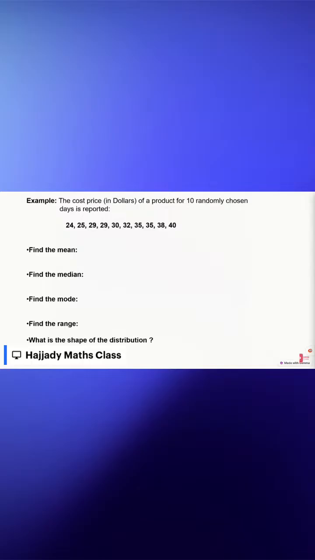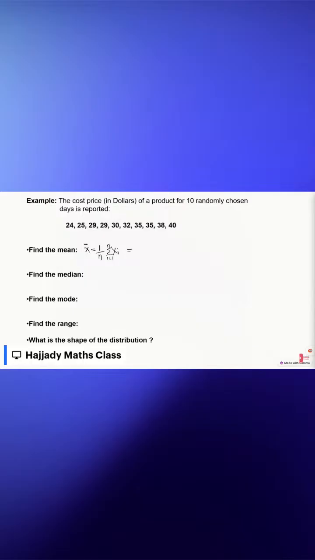And to find the mean, we have several notations. The mean can be represented as x bar, which is the same thing as saying 1 over n summation of your xi, where i is from 1 to n.